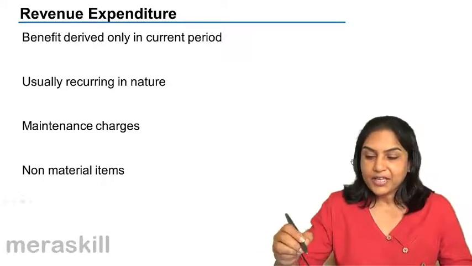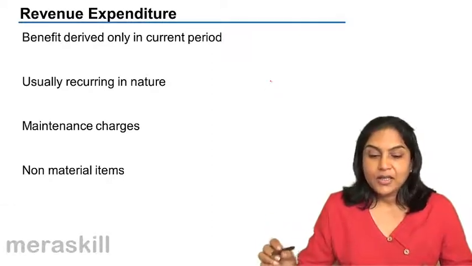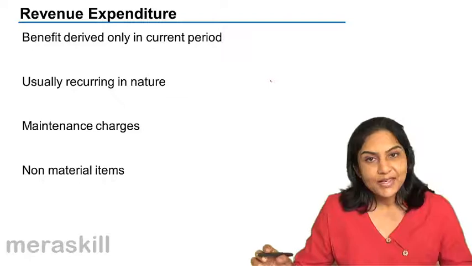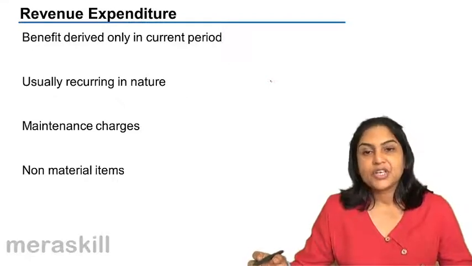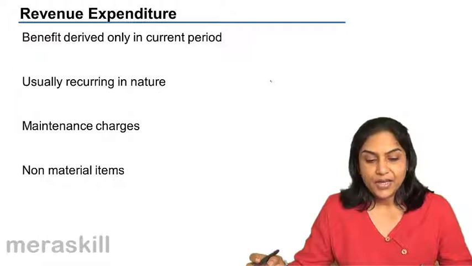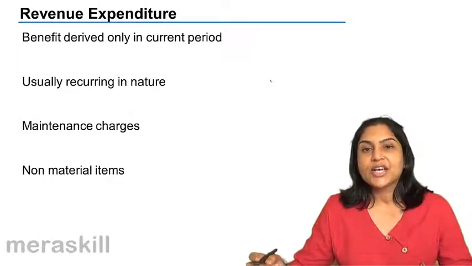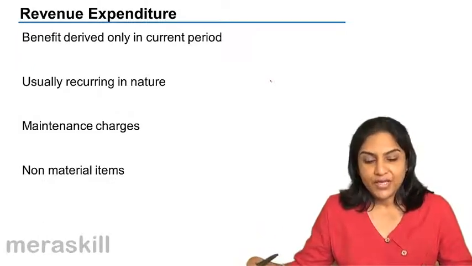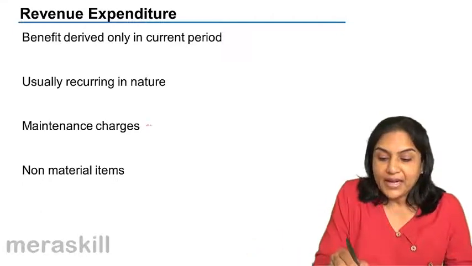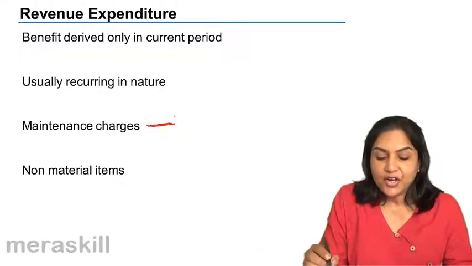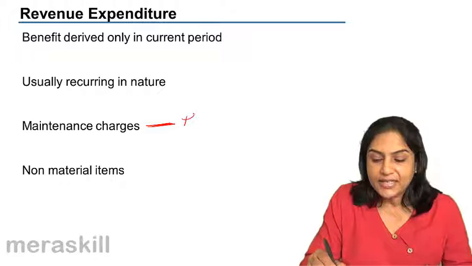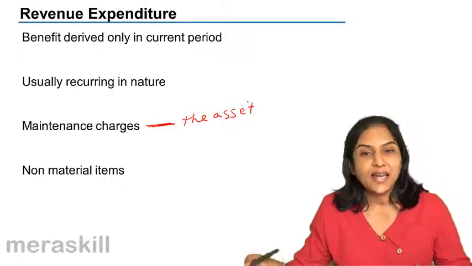And a revenue expenditure, the benefit is derived only in the current year, purchasing of stationery, spending money on rent, etc. These are usually recurring in nature, like I said, electricity, telephone, etc. These are maintenance charges. They are in order to maintain the asset in the condition that it is in now.